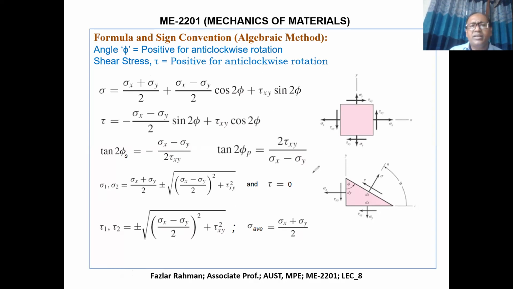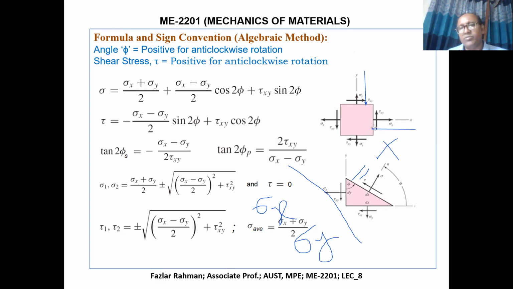If they are under tension, then they will be positive. What does under tension mean? For example, right over here, sigma x working upward and sigma y downward, that is tension. But if I give sigma y along this direction, then sigma y will be negative. Similarly, if I give sigma x this way, then sigma x will be negative. Okay? This is one thing.